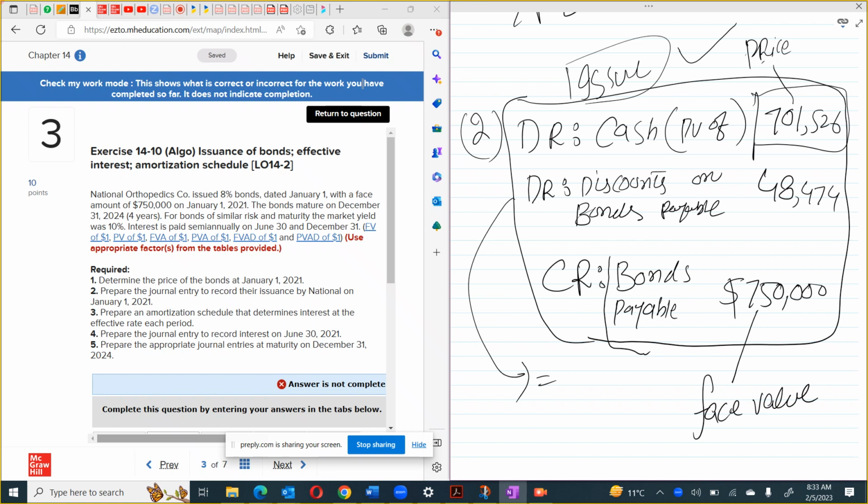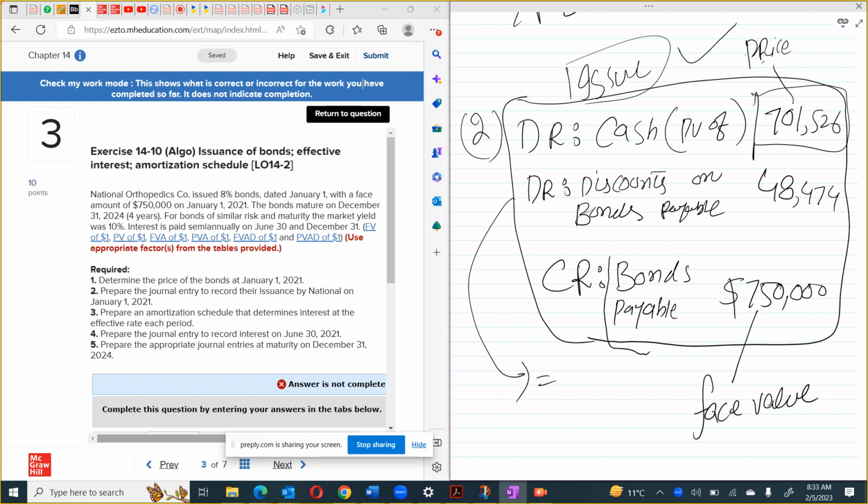In the last question, number two I think, he asked net book value, not carrying value. So these are the same words. Don't ever get confused by them.